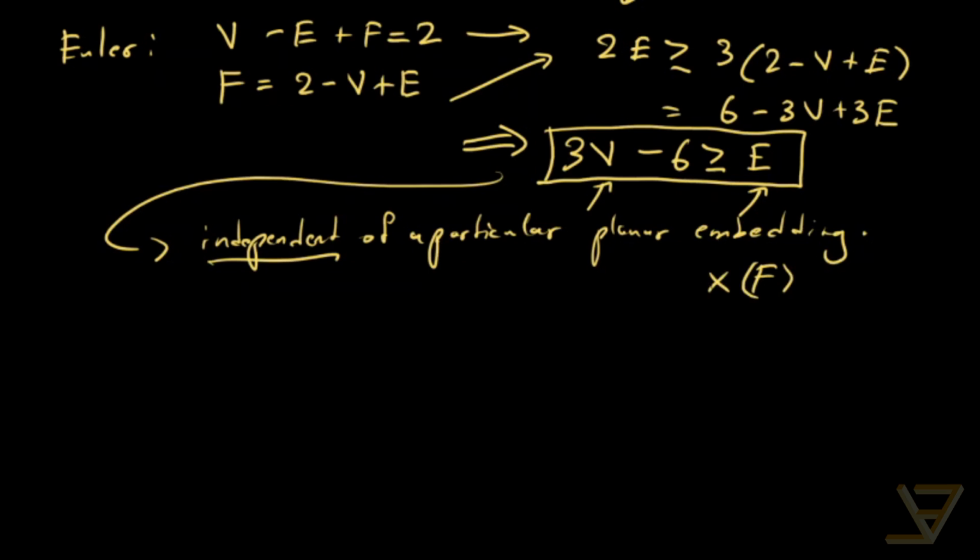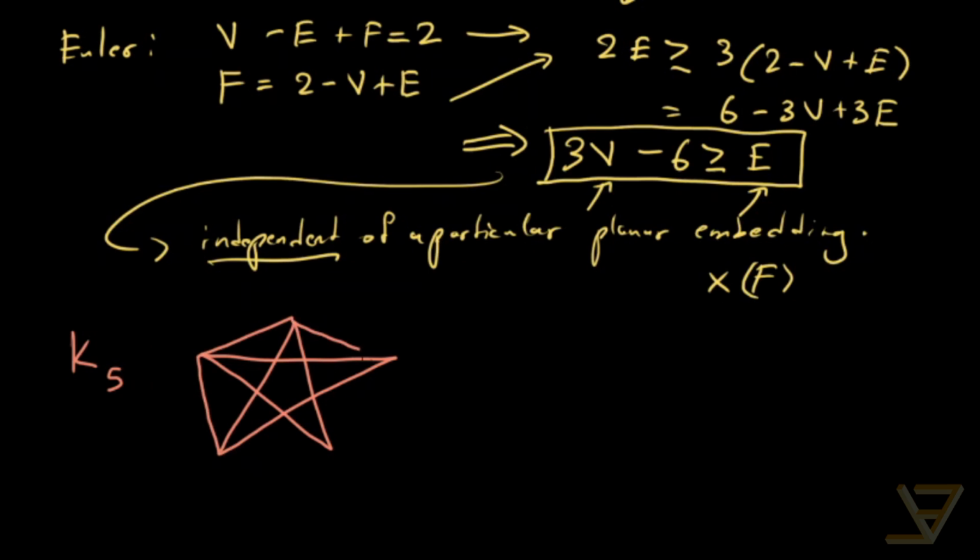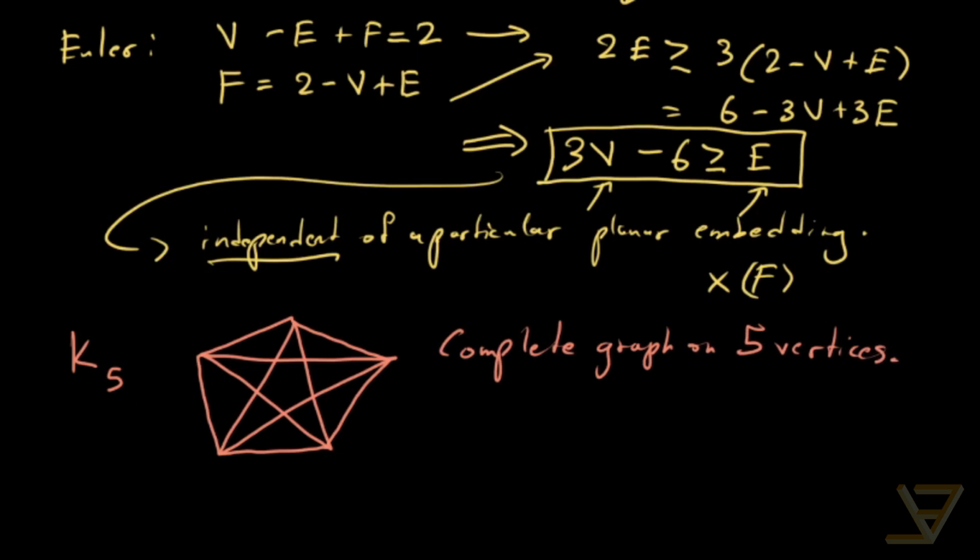So I'm going to apply this to a graph called K5, which looks like a pentagram of some sort, where we have a star and we have a pentagon around it. This is the complete graph on 5 vertices. So the number of vertices is equal to 5, and the number of edges is equal to 10.